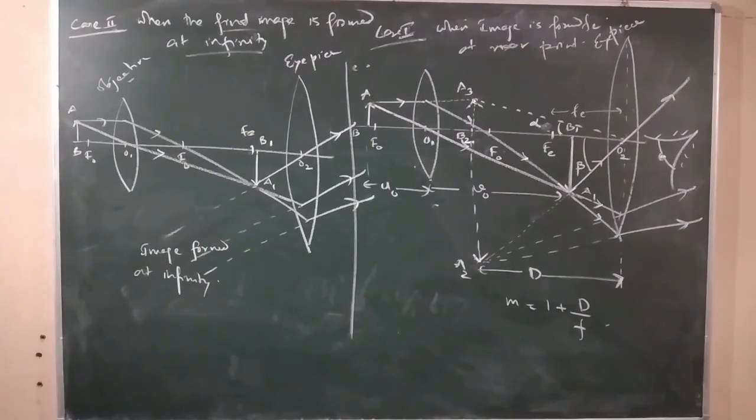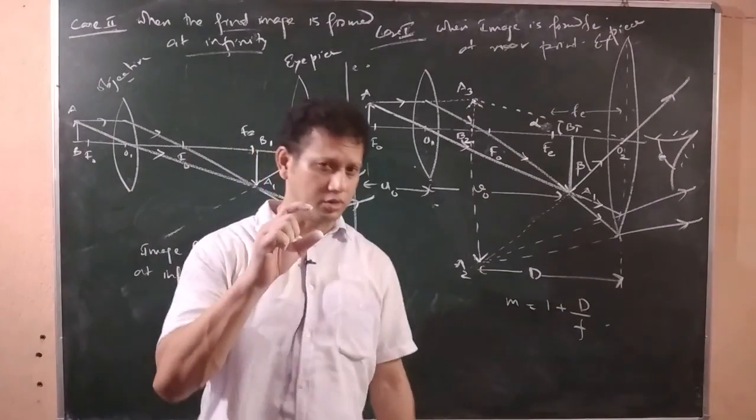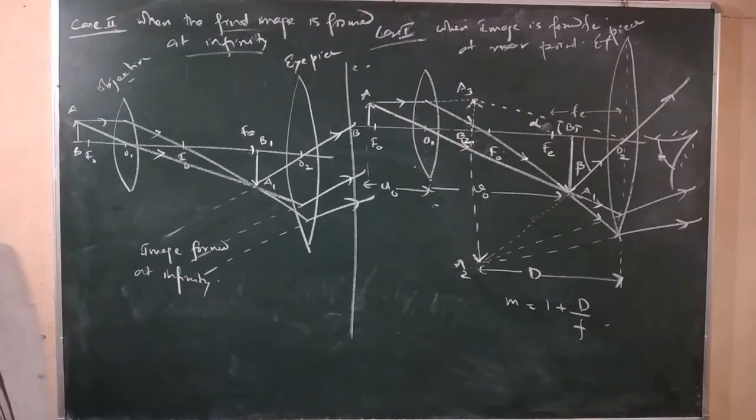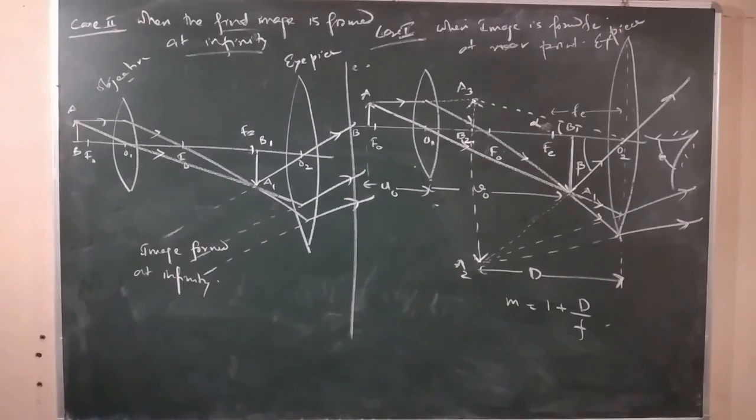So these diagrams are very, very important. Sometimes you will be asked to draw only the ray diagram, without being asked to derive the magnifying power or whatsoever. So this is the ray diagram for the second case, and this is the ray diagram for the first case.